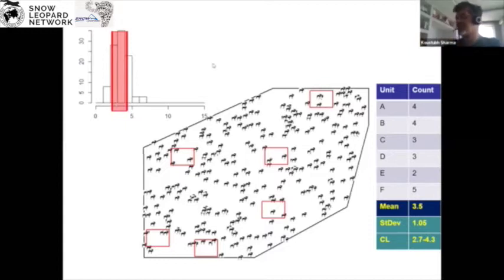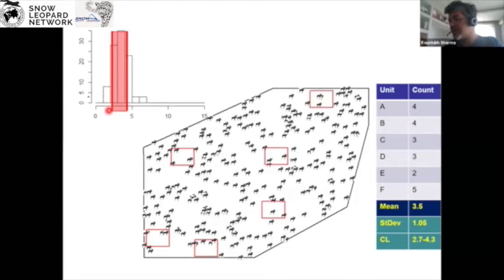Okay. So what we are saying here is the 95% confidence interval, which is between 2.7 and 4.3. Let me put it the other way around.